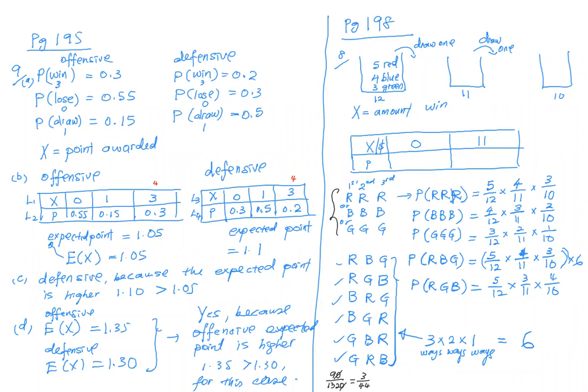Okay, and this one is 3 over 11, right? So add up 3 over 11 plus, so times 4, 15 over 44.